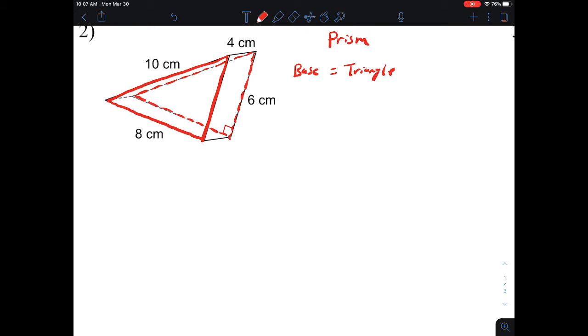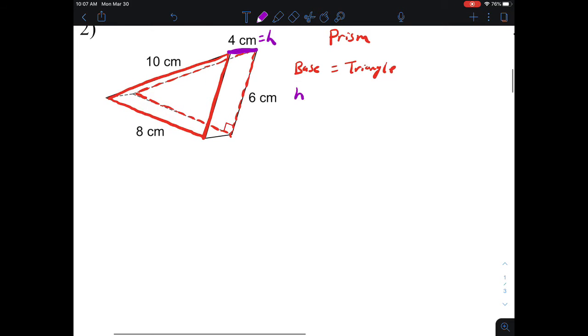And our height is going to be the length of the side that connects the two. This side here is my height. So we know the height is equal to 4. And so the volume of this prism is going to equal the area of the base.